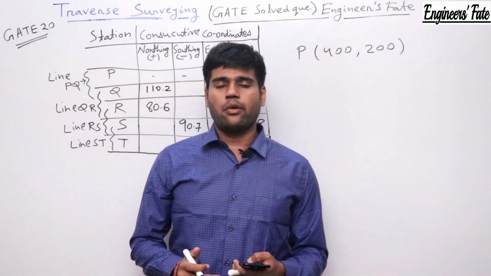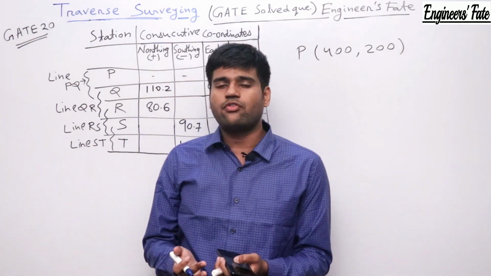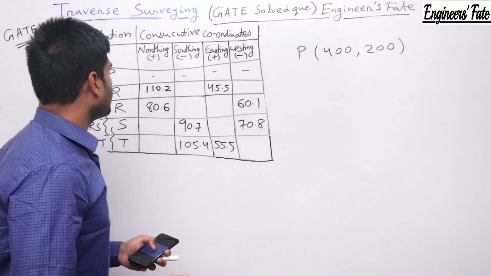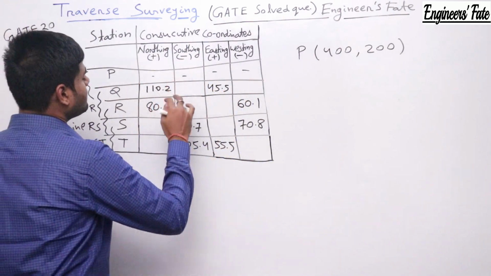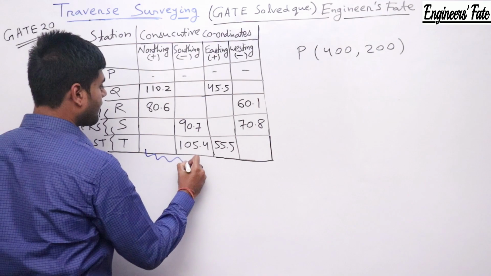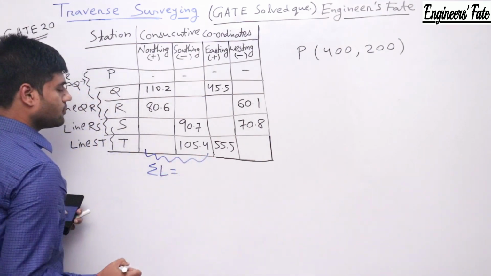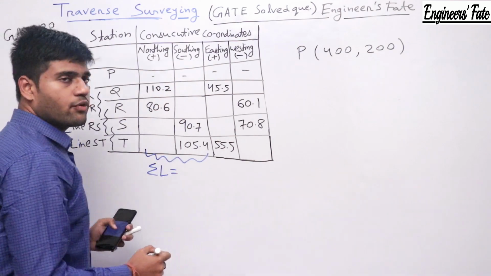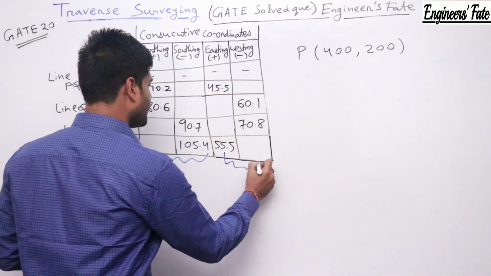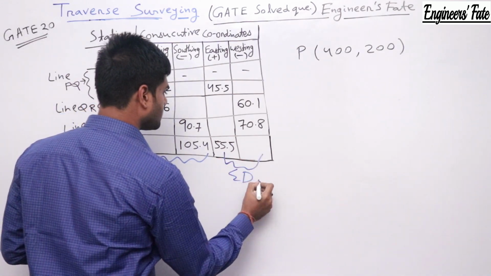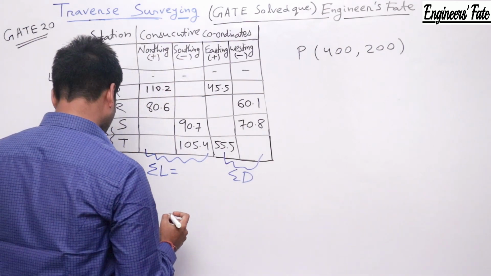So now we will apply the shortcut to find the answer. See, northing is given, southing is given, so I can find the summation of latitude. Easting is given, westing is given, so I have to find the summation of departure. What is the summation of latitude?